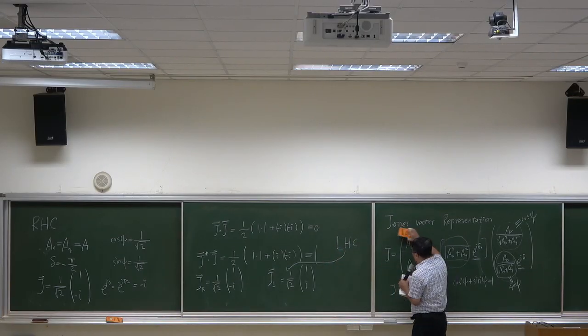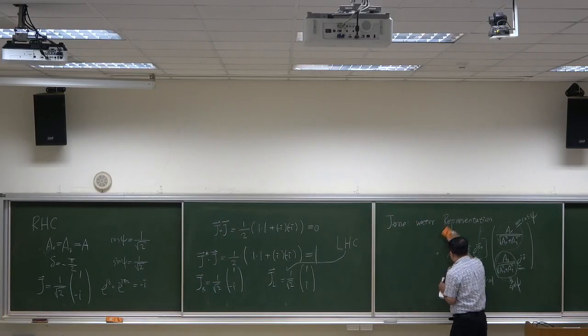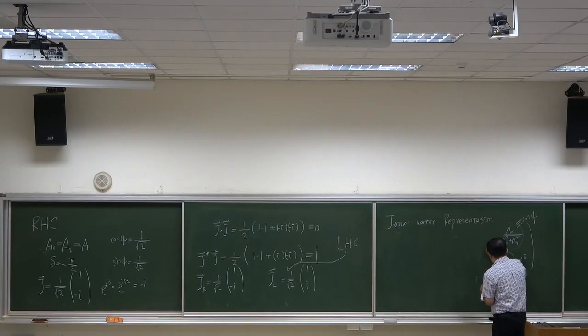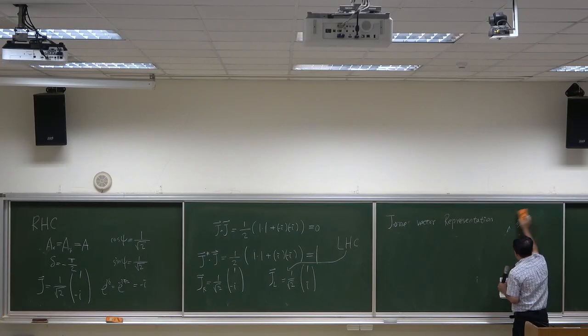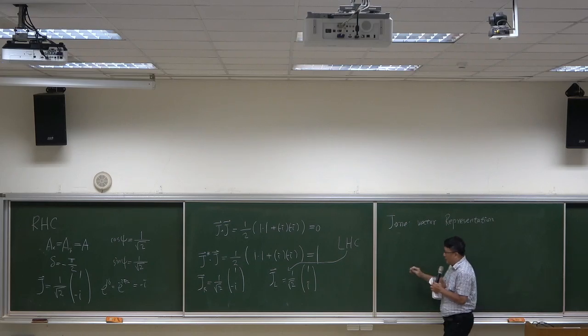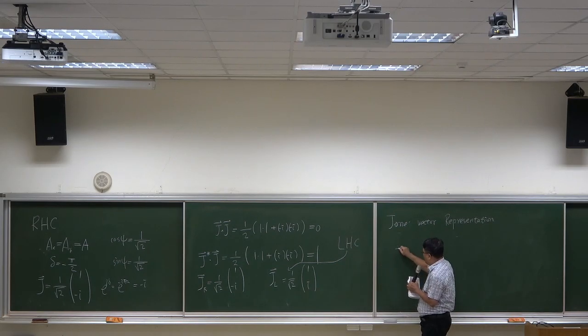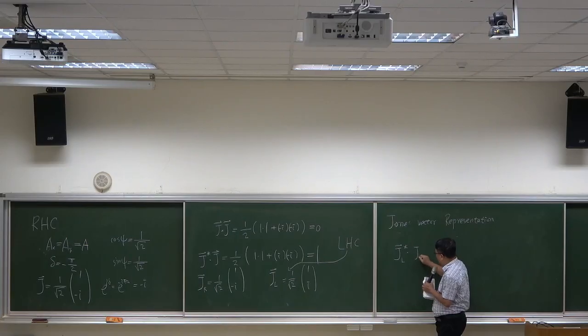If I want to know the scalar product between J_L and J_R, I can write it as J_L star dot J_R.